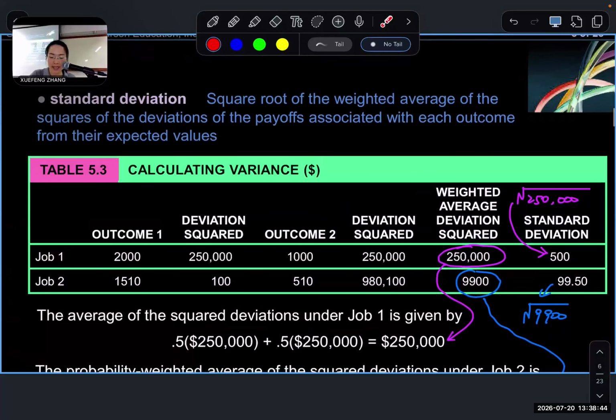Let me write it down. So here, the rule is that bigger standard deviation, riskier.